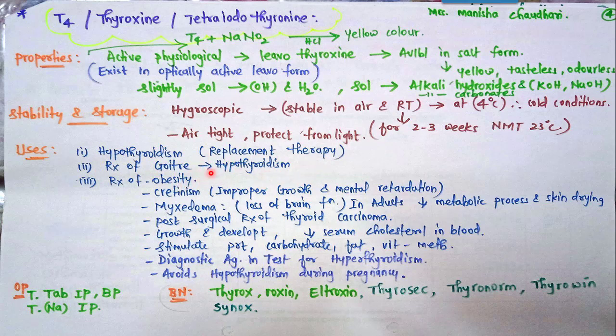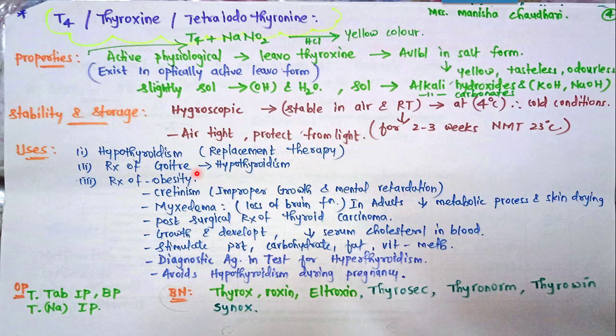Now goiter is basically, the basic reason is deficiency of iodine leads to goiter, and this can be due to either hyperthyroidism or hypothyroidism. Goiter is possible in both the cases. The reasons responsible for goiter are generally Graves' disease, in case of hyperthyroidism, then Hashimoto's disease in case of hypothyroidism.